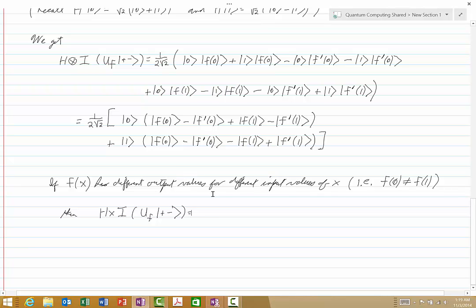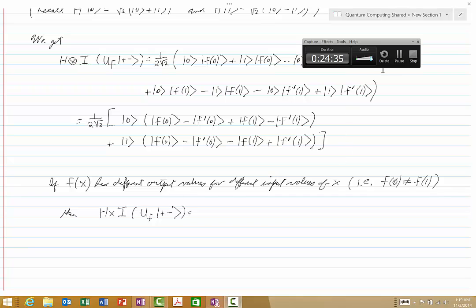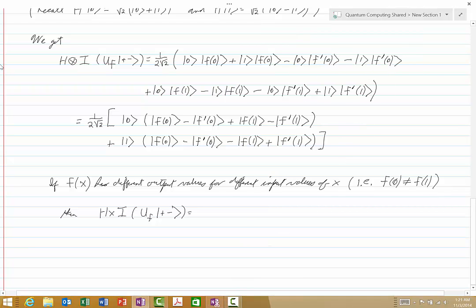Okay, so let's try to identify what this will be. Well, perhaps the easiest way to evaluate this situation is to make the following observation first. If f of 0 is not equal to f of 1, remember this is a Boolean function, it only has two possible values.